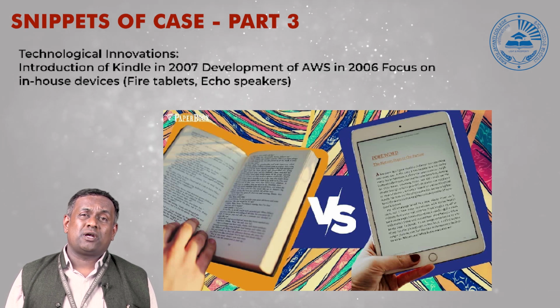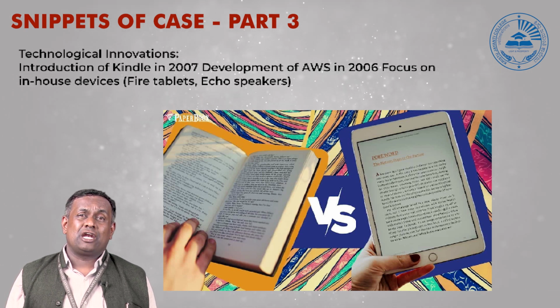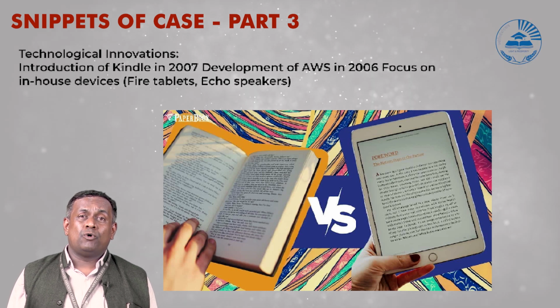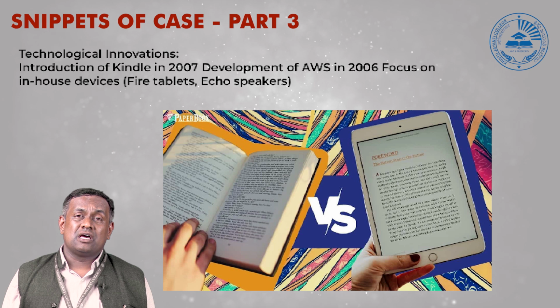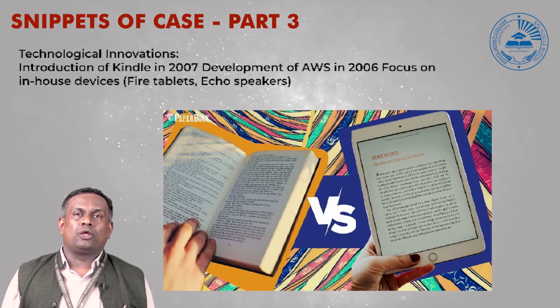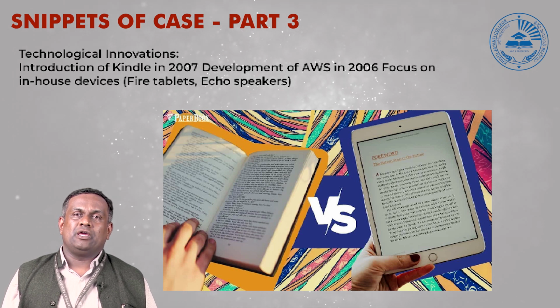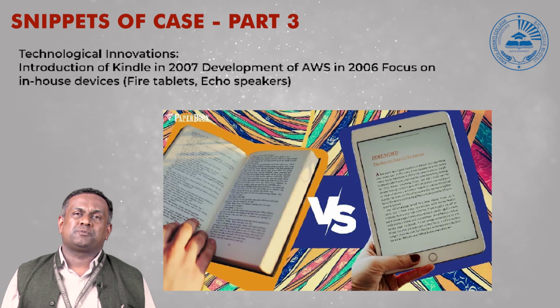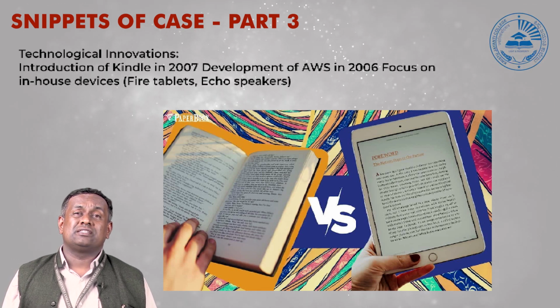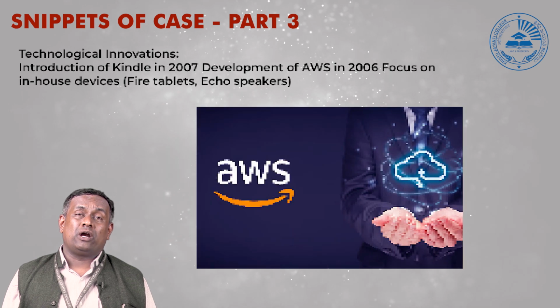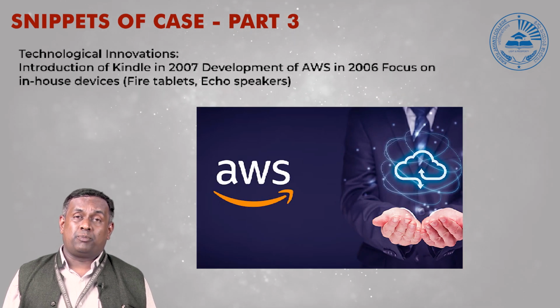Then there is the development of Amazon Web Services in 2006, which has given more provisions for small and retail companies, or any other companies, to get into this online space to store their data, retrieve the data, and get more insight about the information in the online space of their operations.